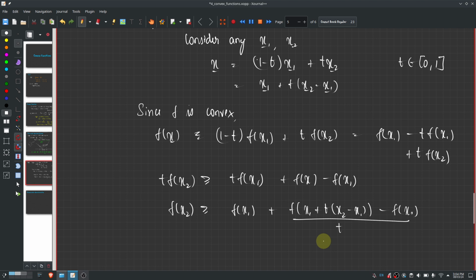Now can you guess what I should do in order to get the right hand side? I want to show that f of x2 is greater than or equal to f of x1 plus gradient of f times x2 minus x1. One guess is we just take the limit as t tends to 0. Suppose that this is a univariate function. What would the right hand side be equal to?